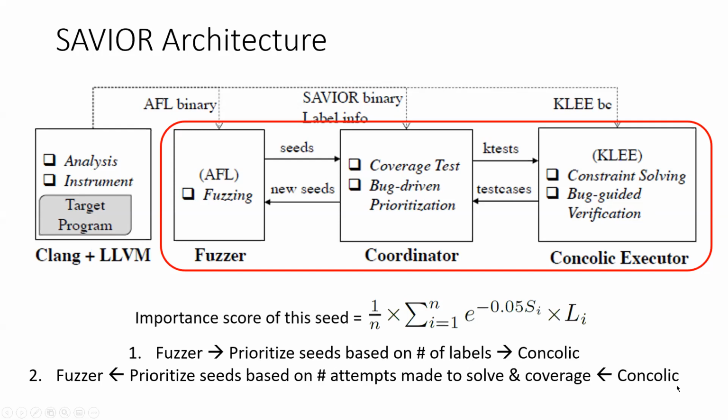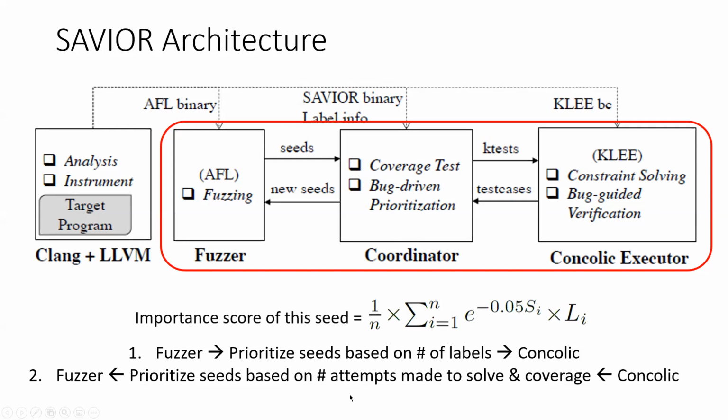And so the second step, the concolic executor will pass the test cases to the coordinator, and then the coordinator can prioritize the seeds based on the number of attempts that the concolic executor made to solve the uncovered ranges.